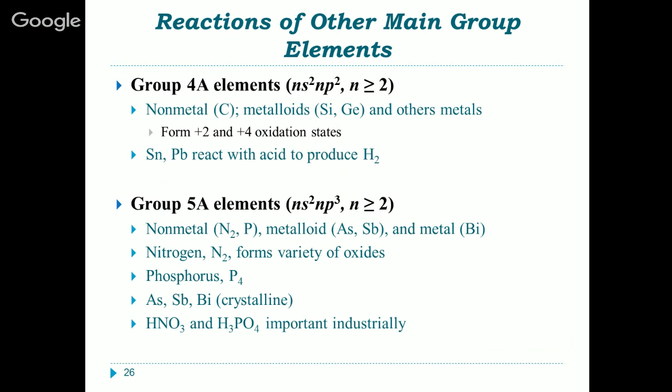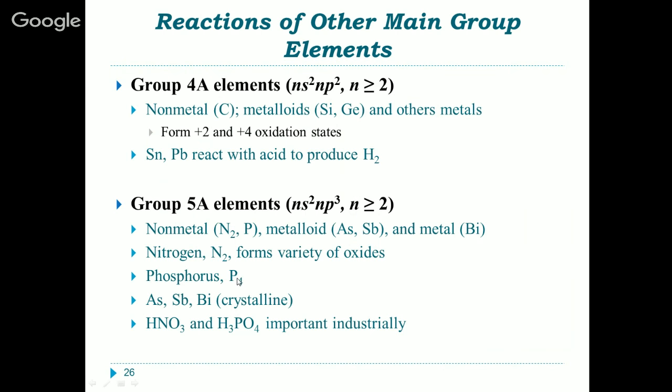So you can have magnesium all by itself. All right, so metalloids, arsenic and antimony, and then we have the metal bismuth. Nitrogen forms lots of oxides, and specifically N2O5, which is called dinitrogen pentoxide, which we'll learn about in the next chapter, will react with water to form nitric acid.